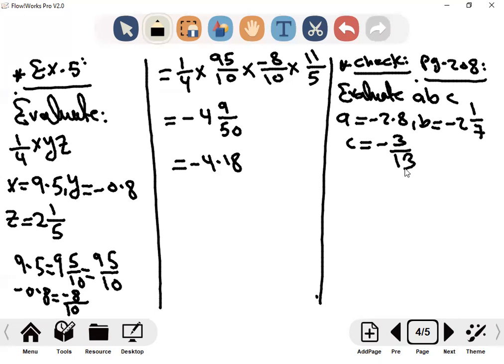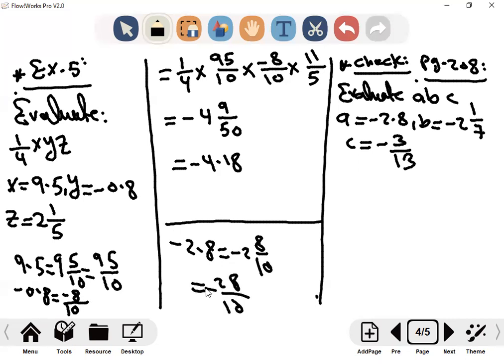Now ABC means A multiply B multiply C. A is given, B is given, C is given. Replace the variables, then calculate, right? So here A is negative 2.8. How do we turn it to a fraction? Negative 2.8, it is negative 2 and 8 over 10, means negative 28 over 10, right? Take it and put it in place of A. So this is equal A, which is negative 28 over 10, multiply B, negative 2 and 1 over 7.